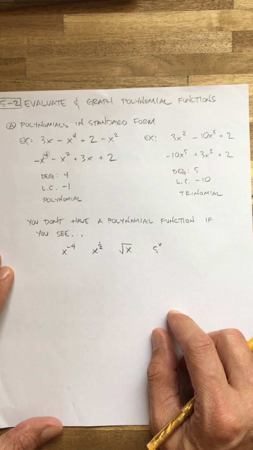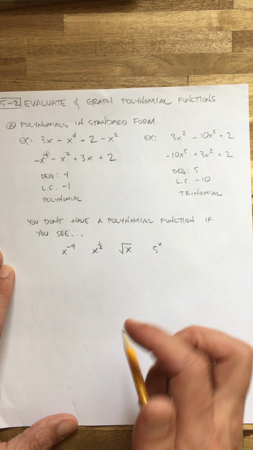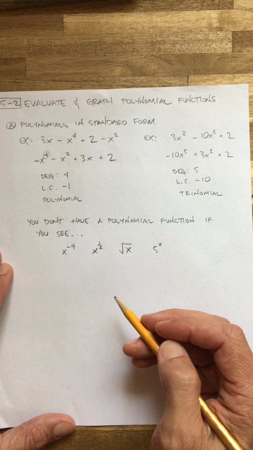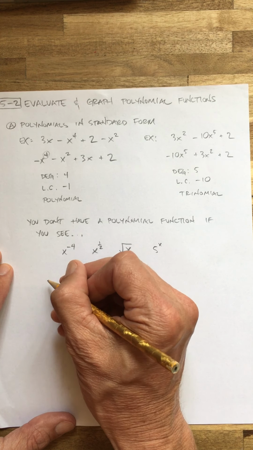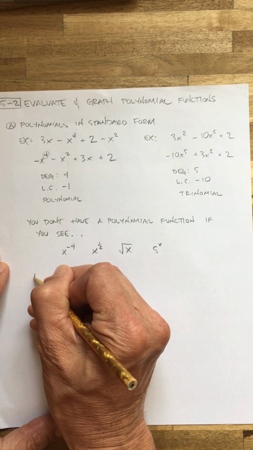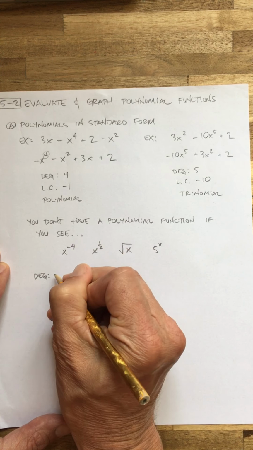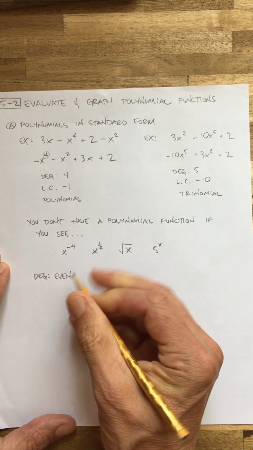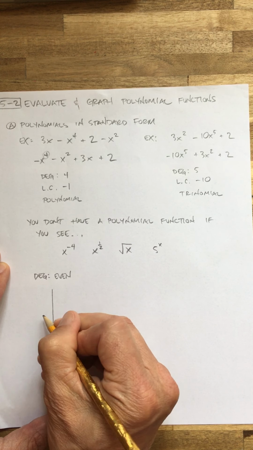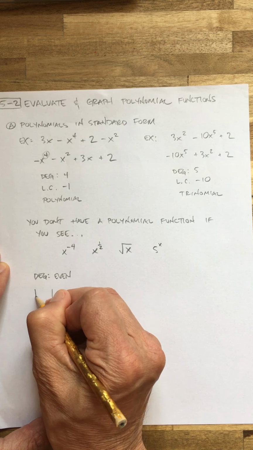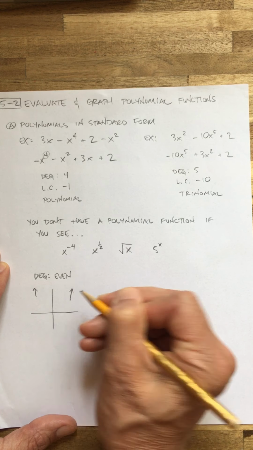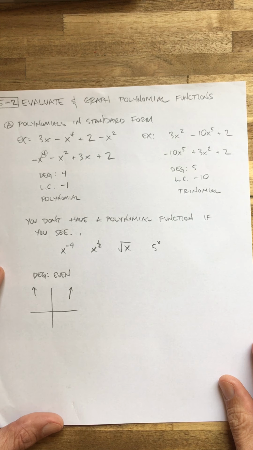If you have an even power, like the power of 4, the power of 2, your graph is going to look like this. If the degree is even, you're going to have a graph that ends in both directions going up.